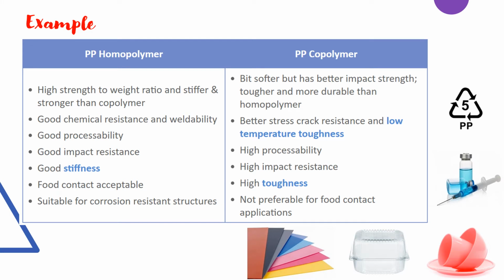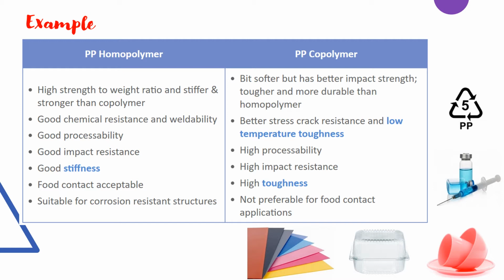Next, we look at the difference in properties between polypropylene homopolymer and polypropylene copolymer as an example. Although the homopolymer properties of existing polypropylene are good, they can still be improved by copolymerization. Each of them imparts somewhat different but appropriate properties to the product.